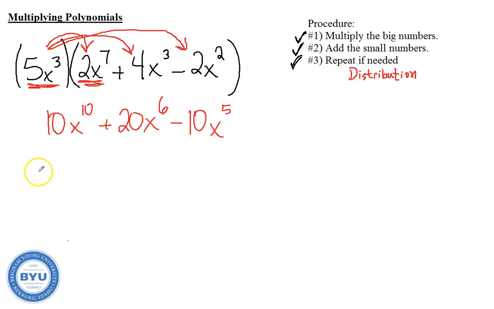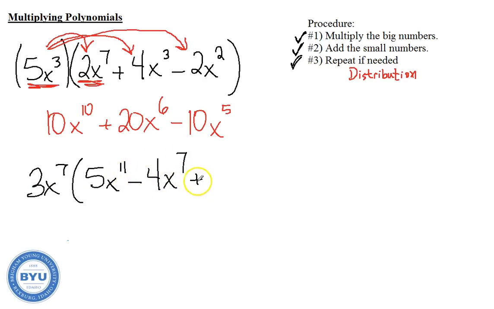Let's try one more. Let's say we had 3x to the 7th, and we wanted to multiply that by 5x to the 11th minus 4x to the 7th plus 3. Again, we're just going to distribute this monomial into each of the values inside the polynomial.